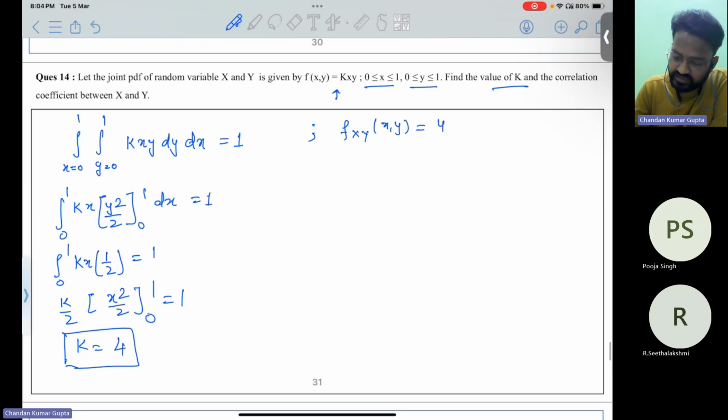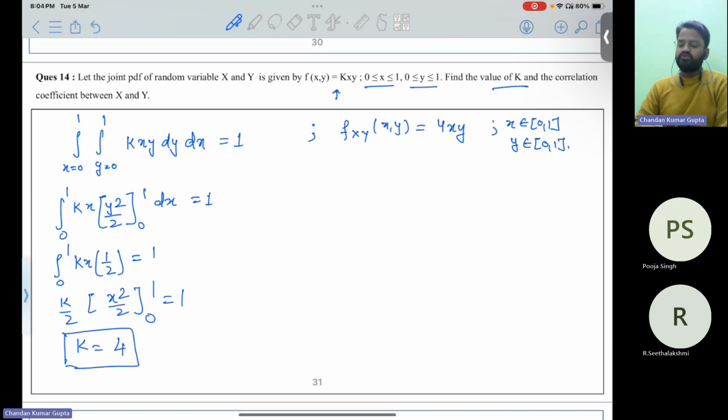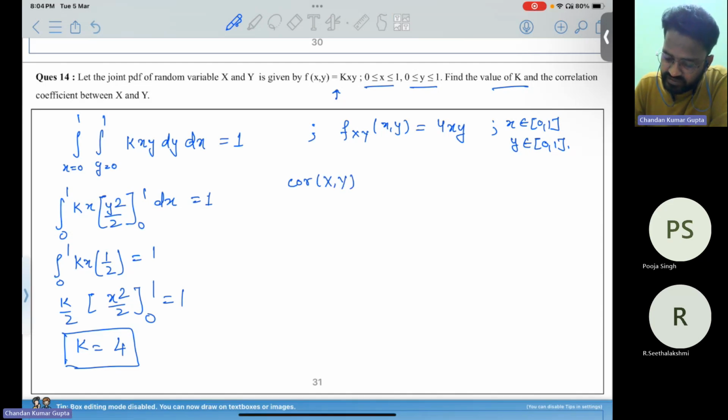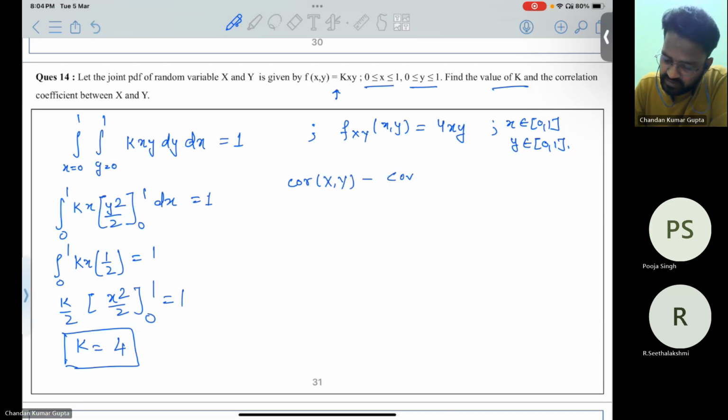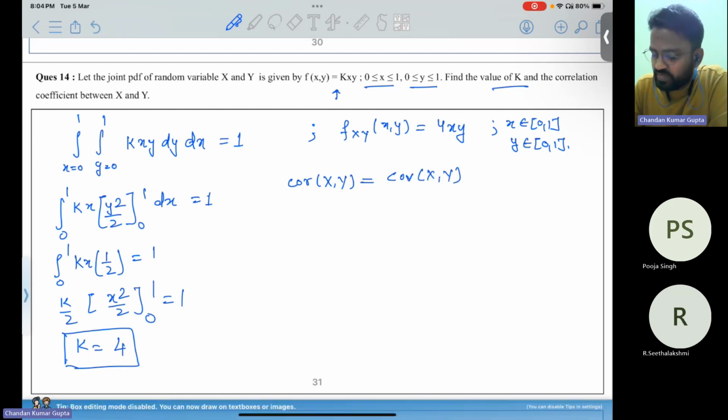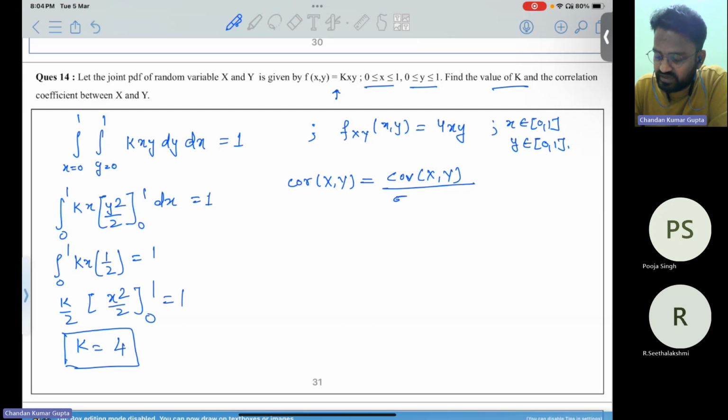Our PDF is 4xy for x belonging to 0 to 1 and y belonging to 0 to 1. Now we need to calculate again the correlation coefficient. The correlation coefficient between x and y is the covariance of xy divided by sigma x sigma y.